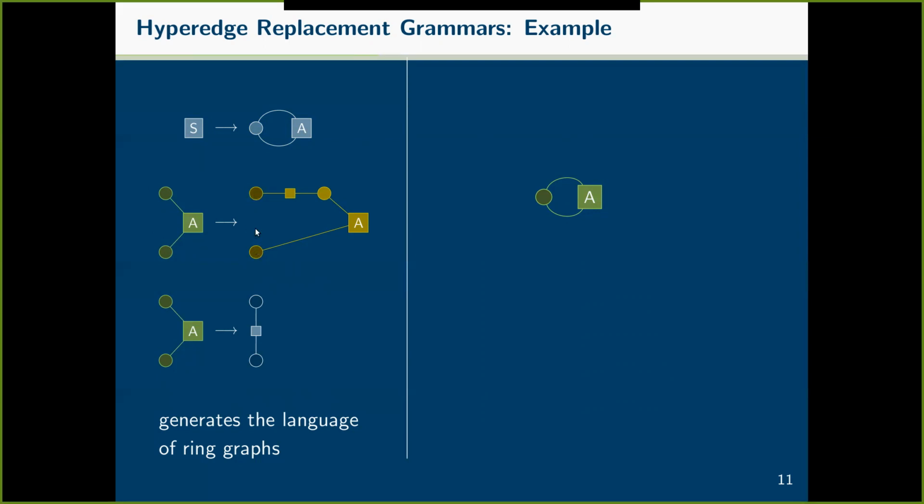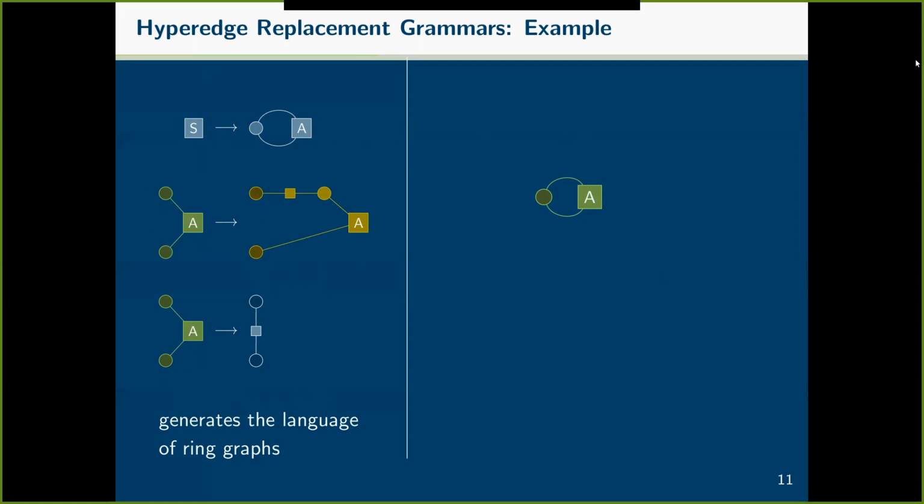These are called external nodes, and they say, when you replace A, take the 2 nodes that A is already connected to and match them up with these 2 nodes in the right-hand side. And since A is only connected to 1 node, both of these nodes in the right-hand side will get matched up to that one.